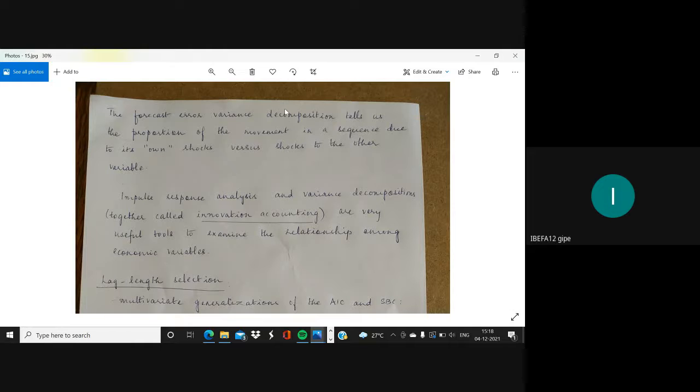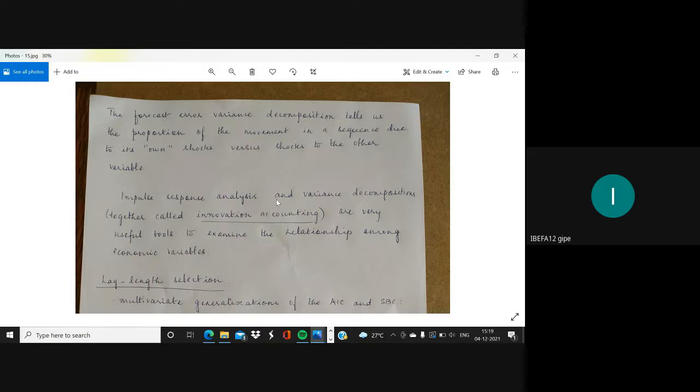So for example, YT will be affected mostly by epsilon YT shocks and very little by epsilon ZT shocks, because ZT is going to enter in a lagged fashion in the YT equation, although it also enters contemporaneously. Because of the structure of our VAR model, you'll find that its own shocks explain most of the forecast error variance, for both the variables or for most variables in most VAR models.